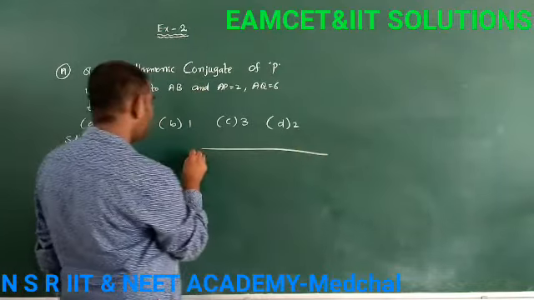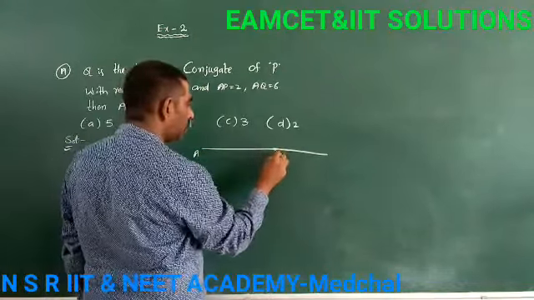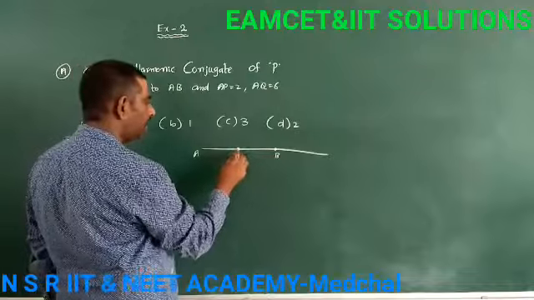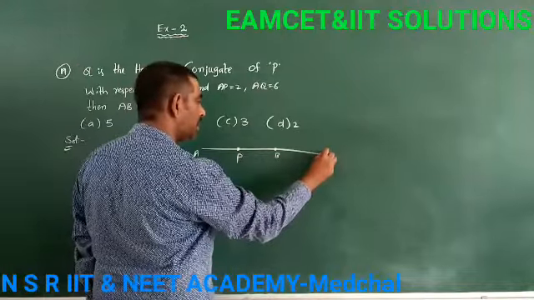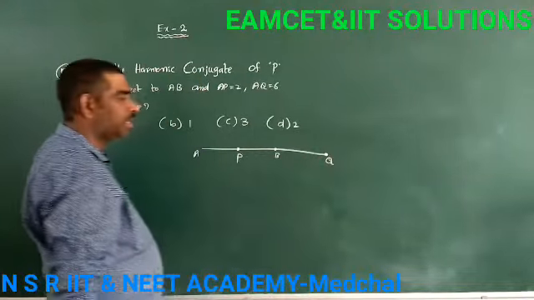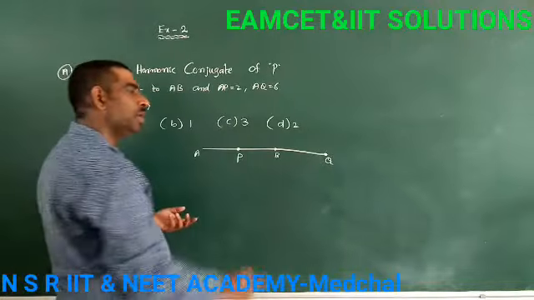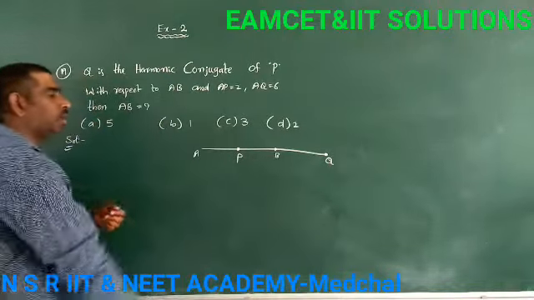Suppose this is a line AB. In this line segment, P divides AB in the ratio m:n internally and Q divides AB in the same m:n ratio externally, then P and Q are called harmonic conjugate.